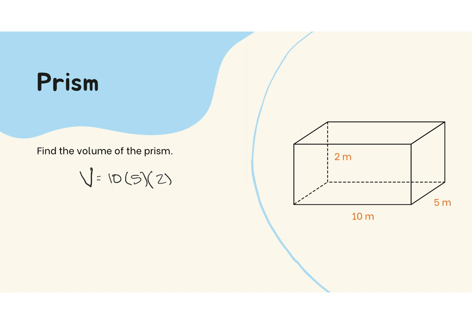So 10 times 5 is 50 times 2, which is 100. And volume is a 3-dimensional measurement, so our units are going to be meters cubed, or cubic meters if you prefer that.